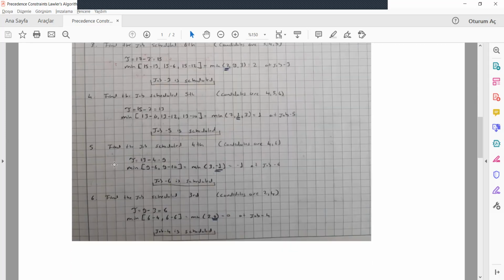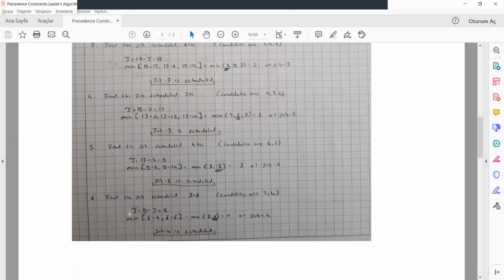When we do the same calculation, updating our processing time and our candidates, we get the result that job 6 is scheduled. In the sixth step, we need to find the job scheduled third.